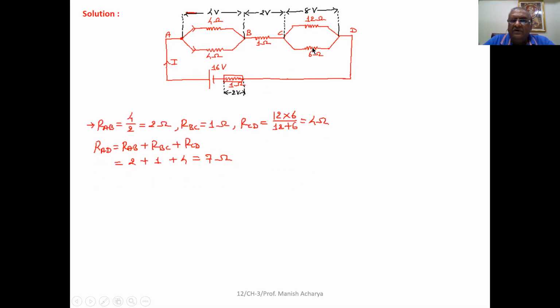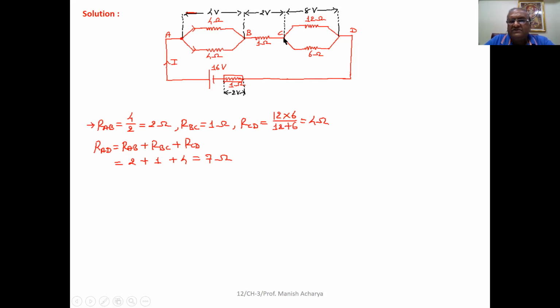So the equivalent resistance between A and B, both being the same, in parallel, will be 4 by 2, that is 2 ohm. Now resistance across BC is simply 1 ohm as it is.